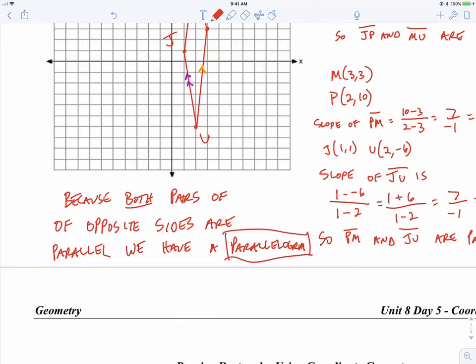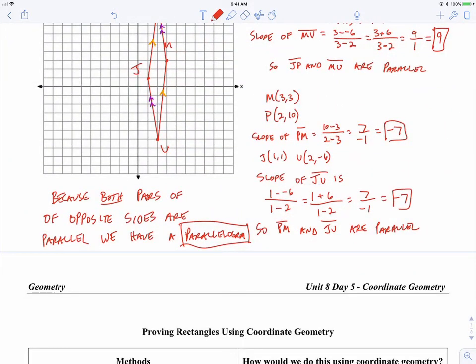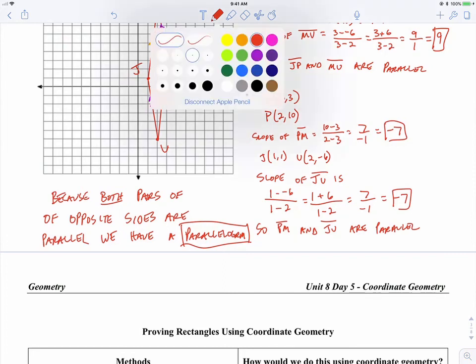So we proved that it's a parallelogram. You should say a little bit more here. I'll write it in purple because I'm going back.